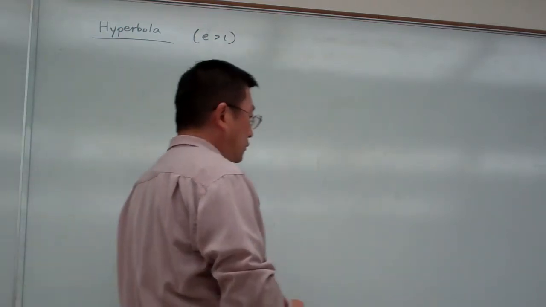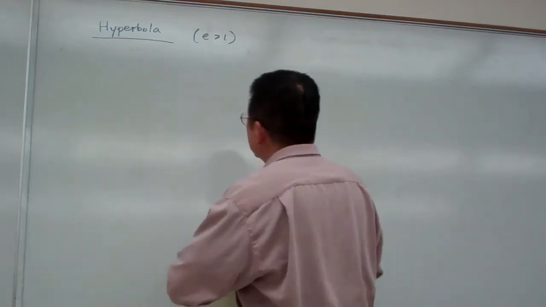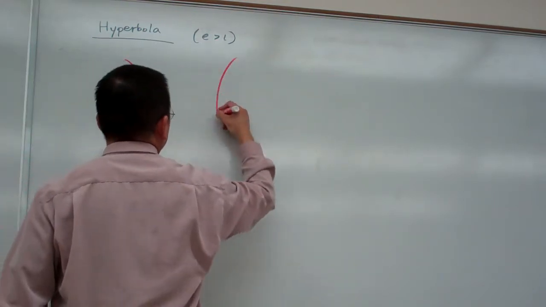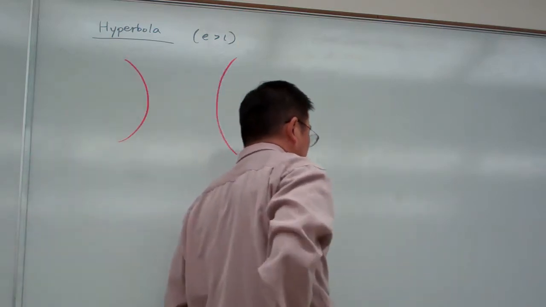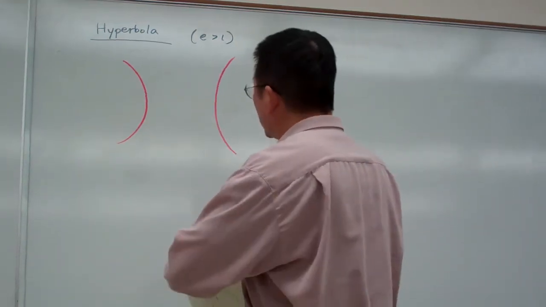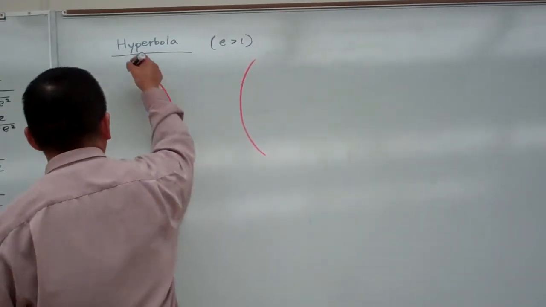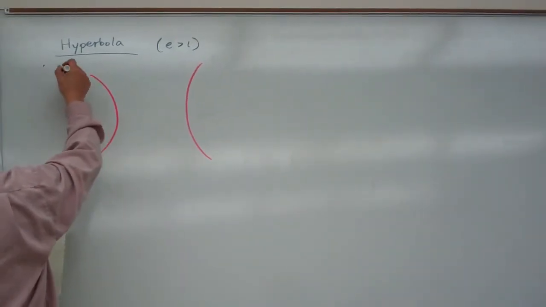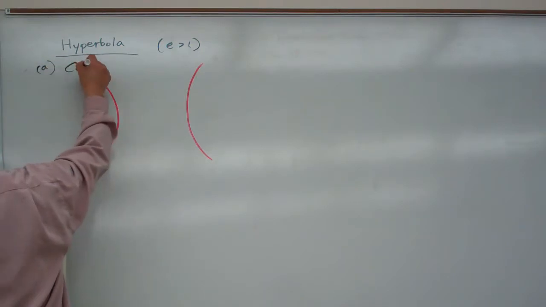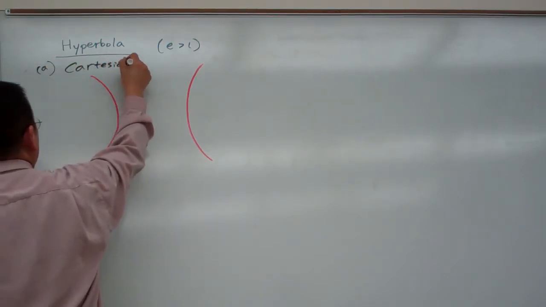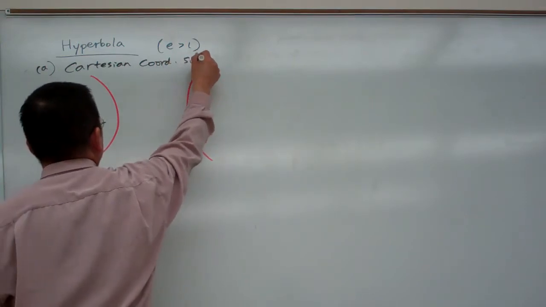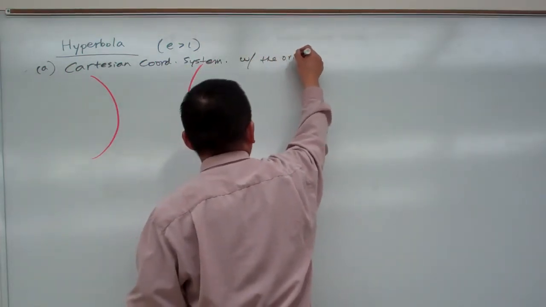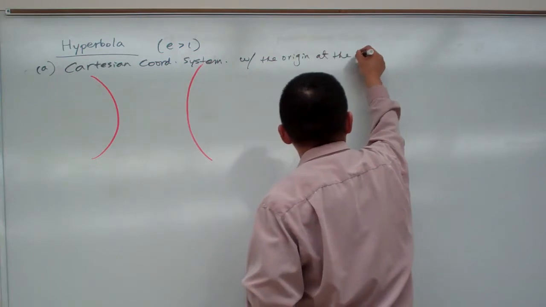We have two branches, and again, the first one we'll look at is in the Cartesian coordinate system, okay, with the origin at the center.